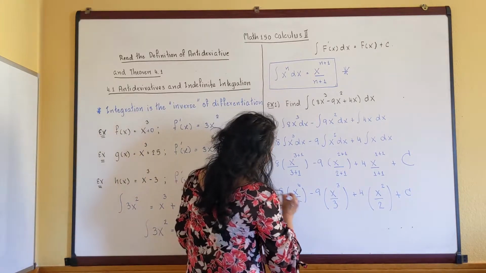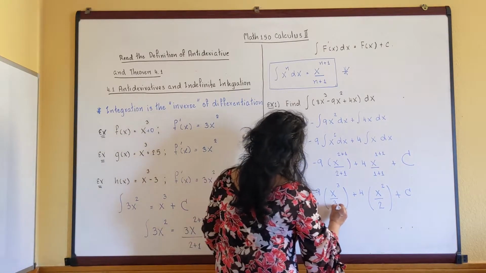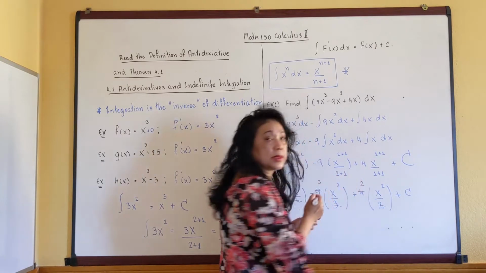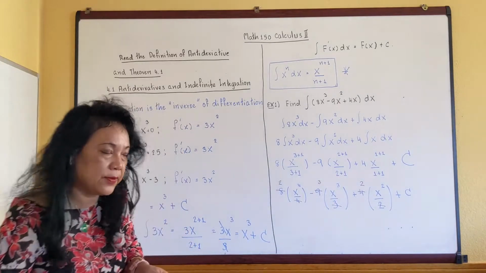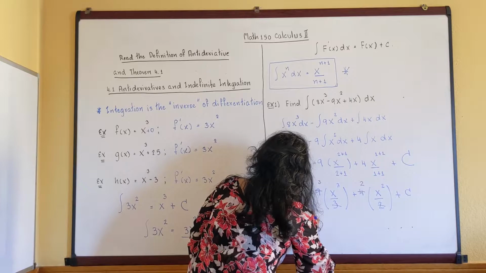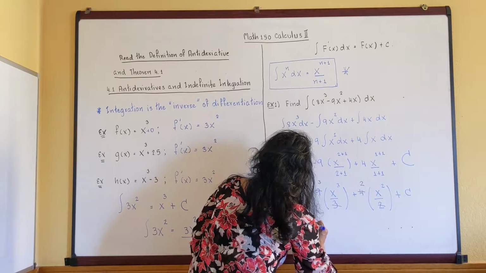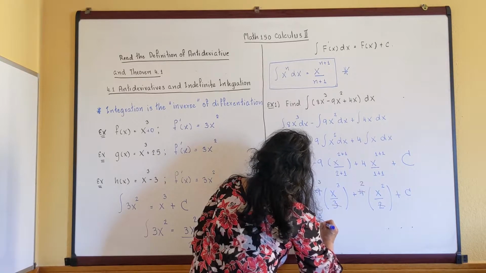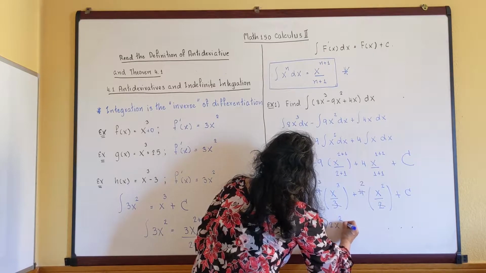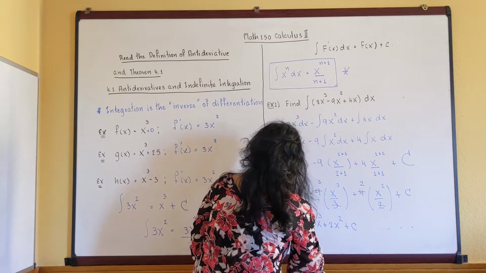So 4 can go into 8 2 times, 3 can go into 9 3 times, and 2 can go into 4 2 times. So my final answer is going to be 2x to the 4th minus 3x to the cube plus 2x squared plus C.